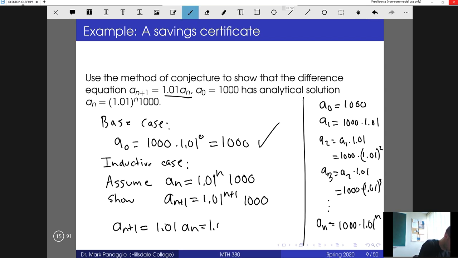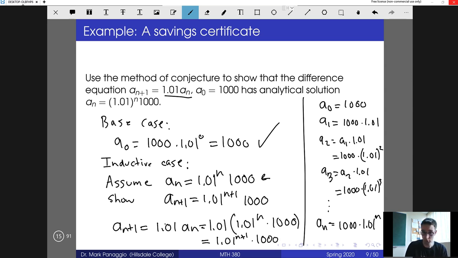So this is going to be 1.01 times, going up here, we had 1.01 to the n times 1,000. Correct? And at that point, notice we could simplify a little bit. We could group the 1.01 terms together, and now we have a total of n plus 1 of those factors. And so we've reduced it down to the formula that we were trying to prove.